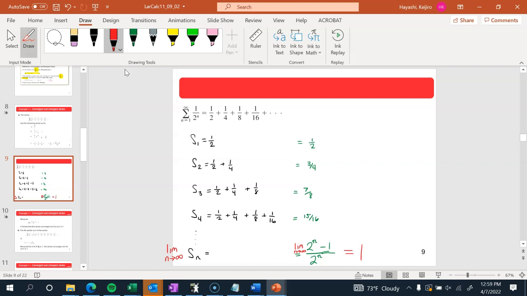That is, the more and more terms you tack on, even up to infinitely many terms, the closer and closer you get to 1. So 1 is the sum of this series.